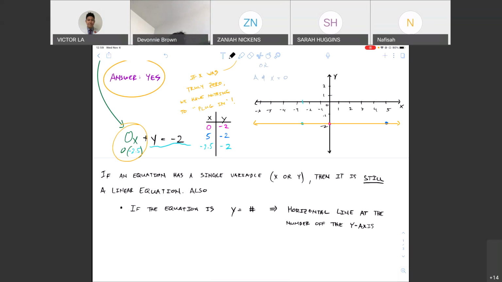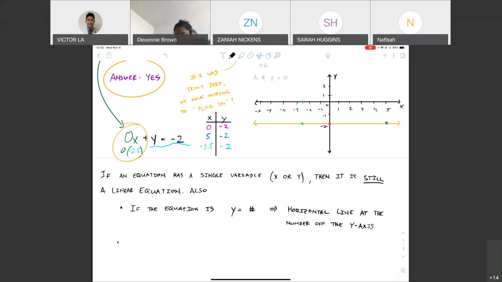So you draw a horizontal line, it has to be off the x-axis. I mean the y-axis. I just messed up. The y-axis. In our last example, it was y equals -2. You look for -2, you draw a horizontal line. And then you're like, okay, well, which axis? Well, the y-axis, because it's y equals. All right?